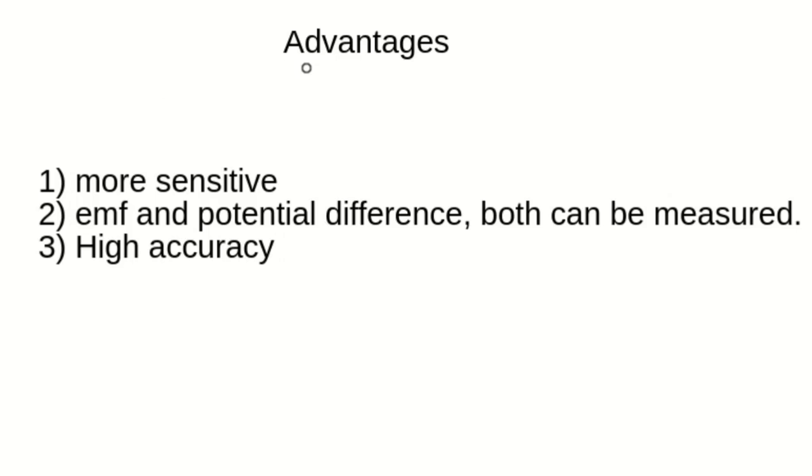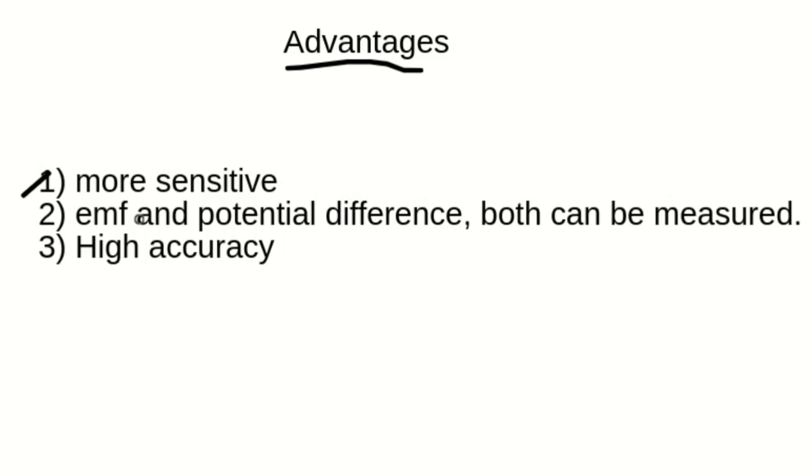Then, what are the advantages of potentiometer over the voltmeter? Because we can use a voltmeter also, so why do we measure the voltage using the potentiometer? The thing is, the potentiometer is more sensitive than the voltmeter.